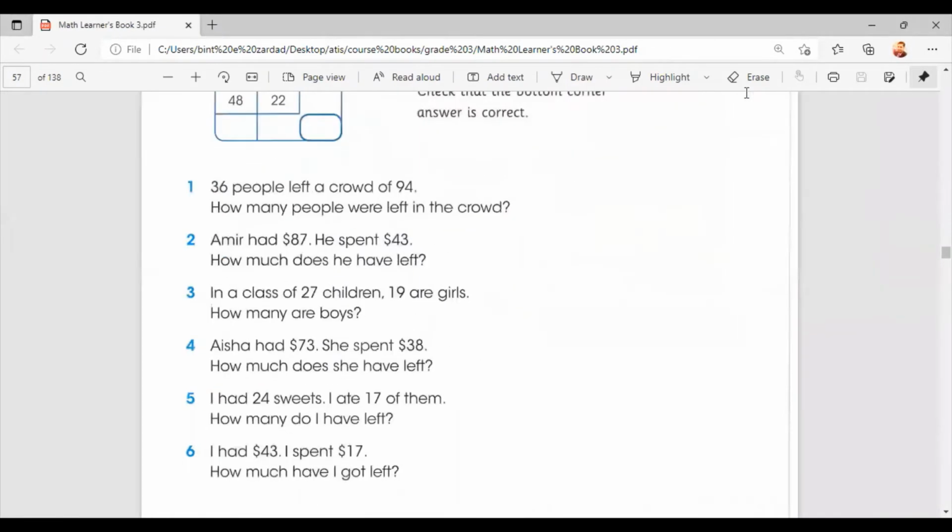Let's start the question. 36 people left a crowd of 94. These questions are all about minus: 94 minus 36 equals 58. Questions 2, 3, 4, 5 are the same.